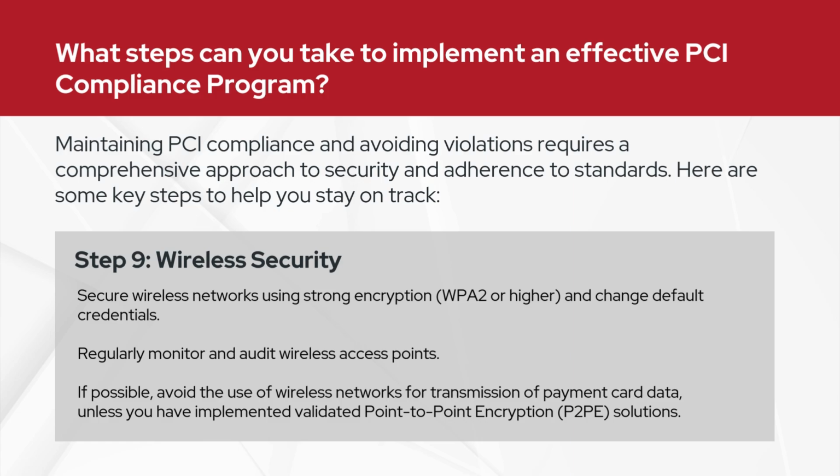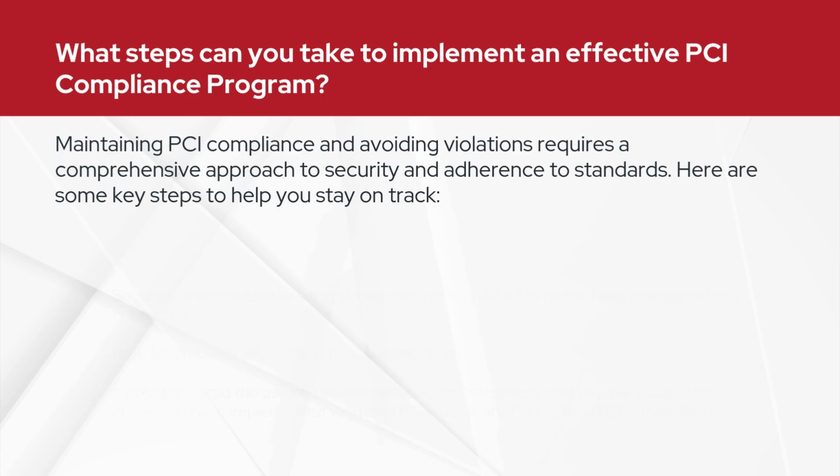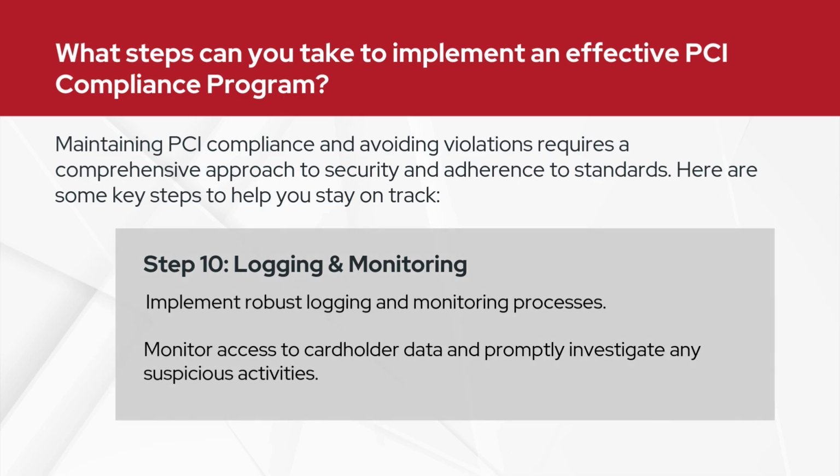Secure wireless networks using strong encryption, WPA2 or higher, and change default credentials. Regularly monitor and audit wireless access points. If possible, avoid the use of wireless networks for transmission of payment card data unless you have implemented validated point-to-point encryption, P2PE solutions.